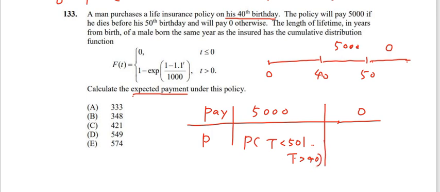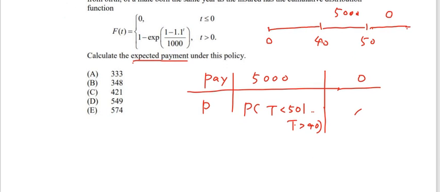So this expected value is just equal to 5,000 multiplied by this probability: t less than 50 under the condition t larger than 40, right?